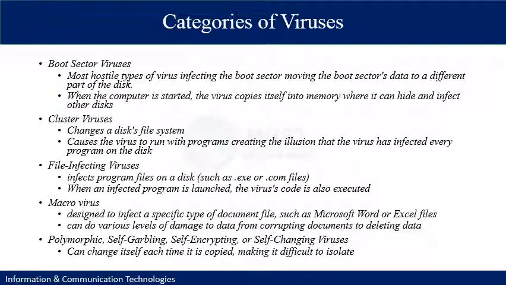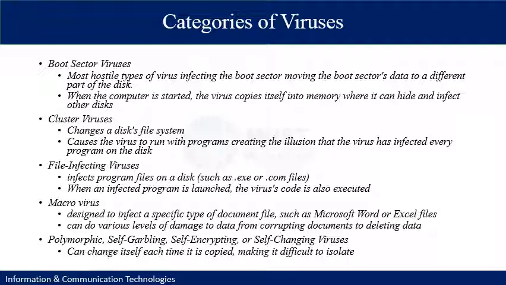Some are boot sector viruses, which target the boot of your operating system. These are the most hostile types of viruses, infecting the boot sector and moving the boot sector data to a different part of the disk. When the computer is started, the virus copies itself into memory, where it can hide and infect other disks. Some viruses live in the clusters and can change a disk's file system.